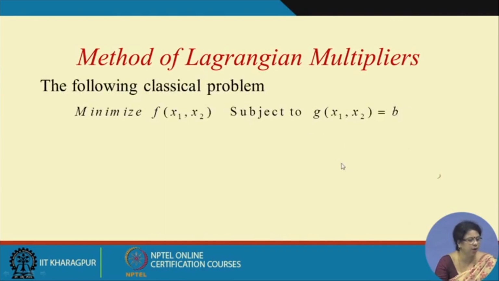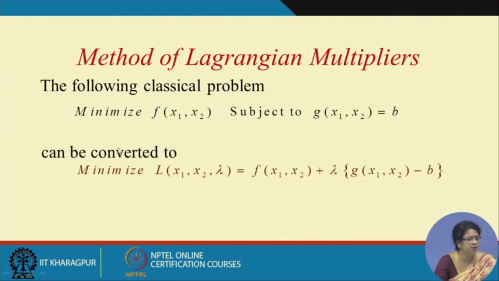Now, this is a problem. This is how the Lagrange function is formed. If we introduce one variable lambda, then the Lagrange function becomes a function of three variables, x1, x2 and lambda. That would be equal to f plus lambda into g minus b, because g minus b comes from the constraint only.